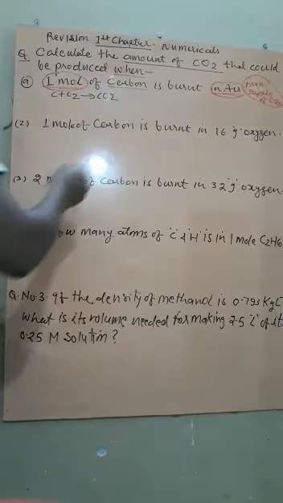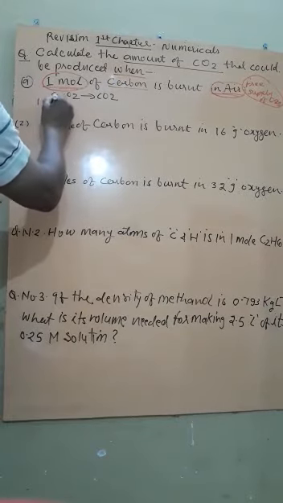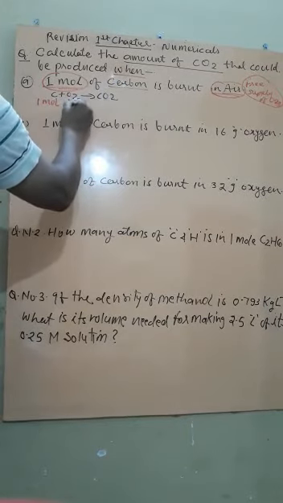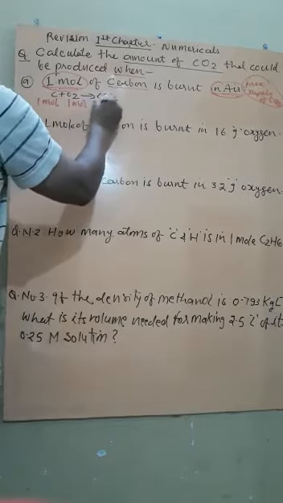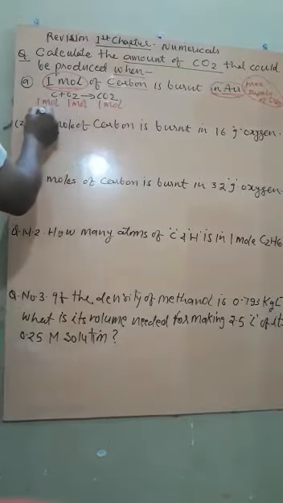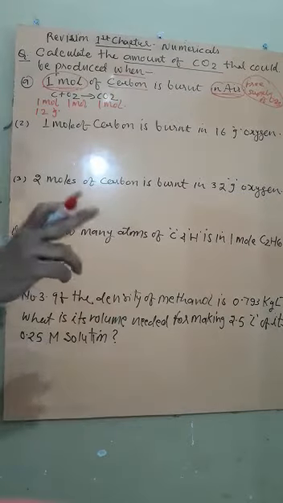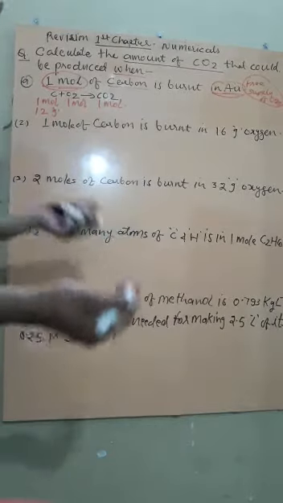According to the balanced chemical equation, 1 mole of carbon reacts with 1 mole of oxygen to form 1 mole of carbon dioxide. 1 mole of carbon means how many grams? 12 gram of carbon. You know, 1 mole is equal to the molar mass of that substance.